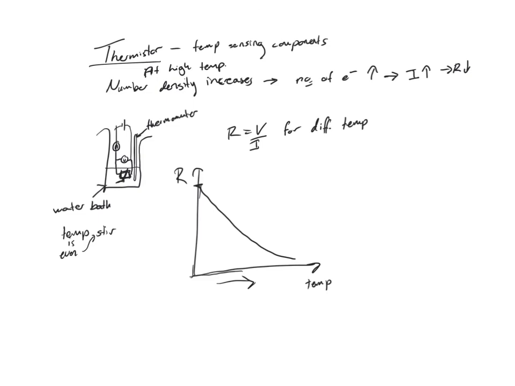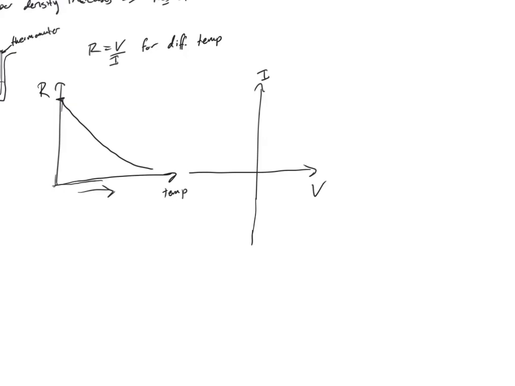Now going to the characteristics, the IV characteristic curve. What we have for a thermistor looks a little bit similar to a filament lamp. However, there's one very major difference. Here we see that as potential difference increases, current increases at both polarities.